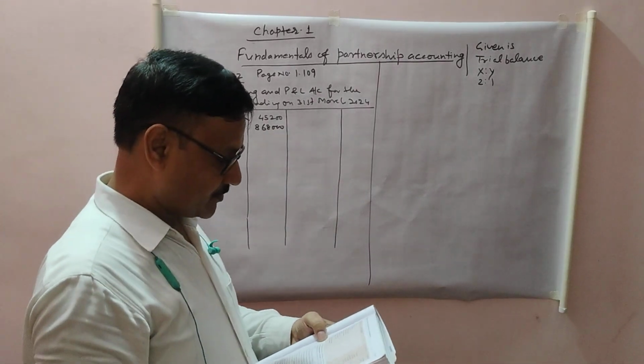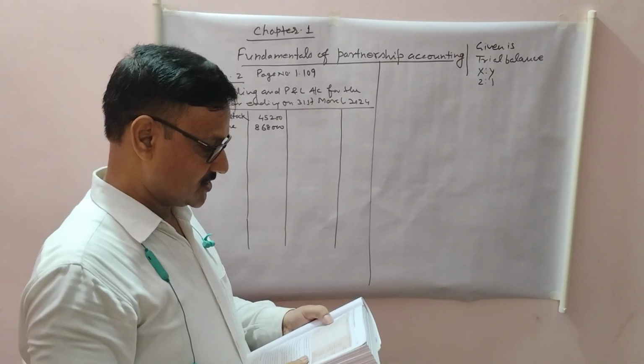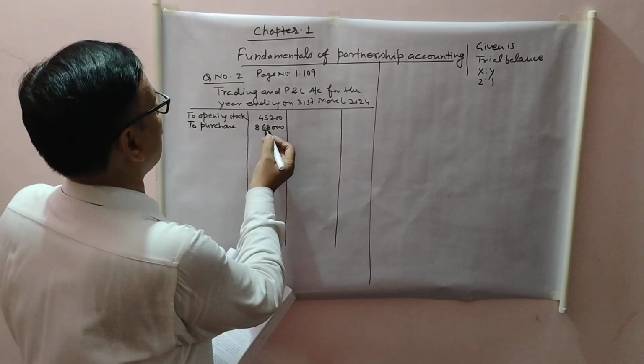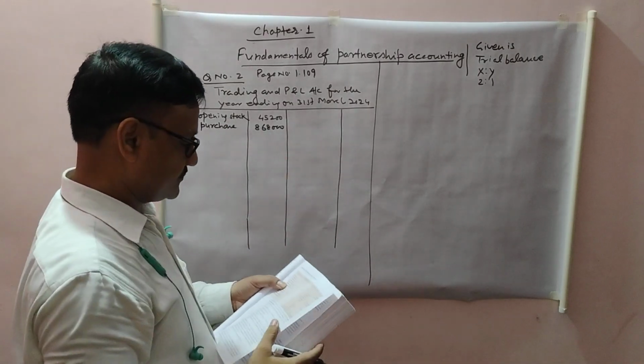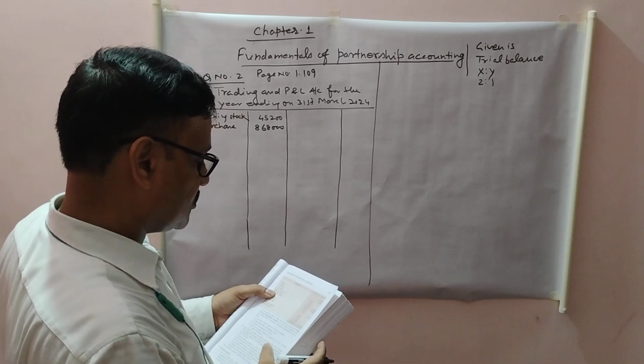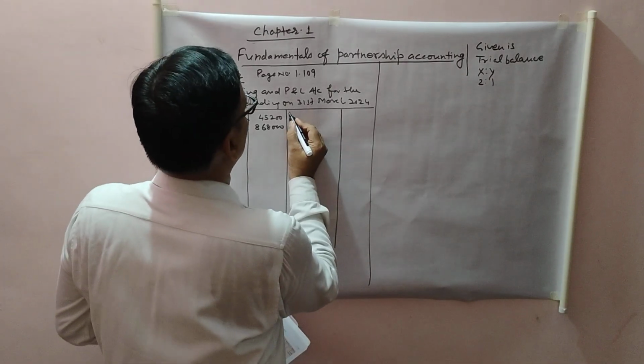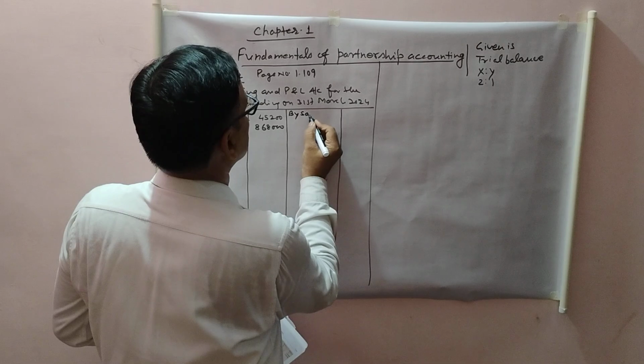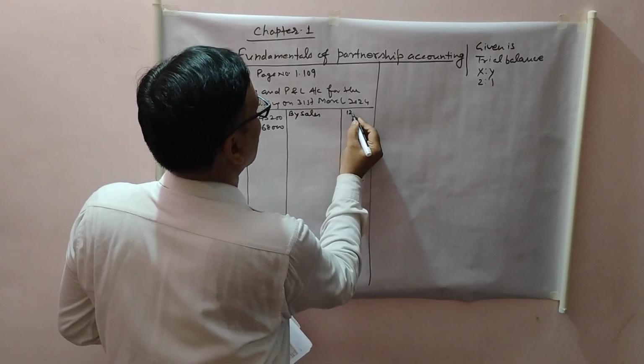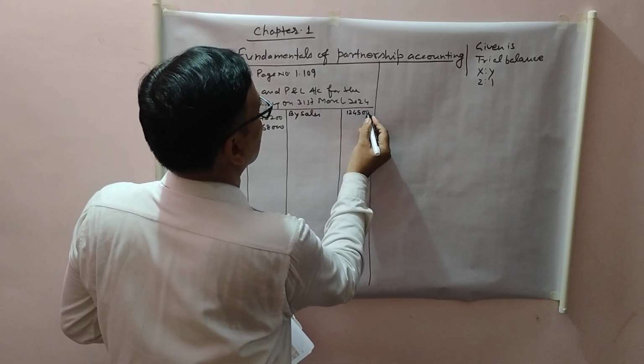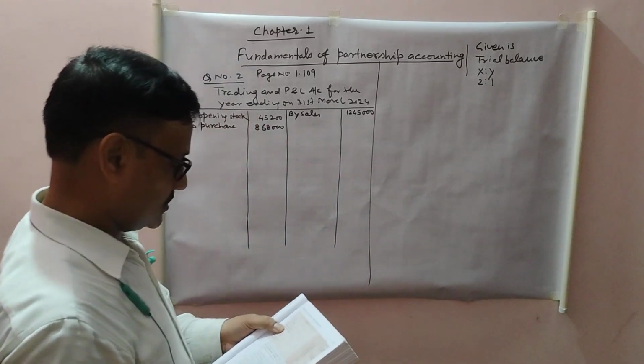There is no purchase return or sales return given. Therefore, we will directly put the amount in the amount column. Sales is 12,45,000.